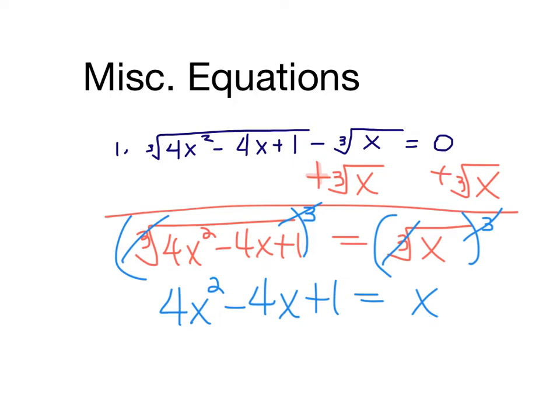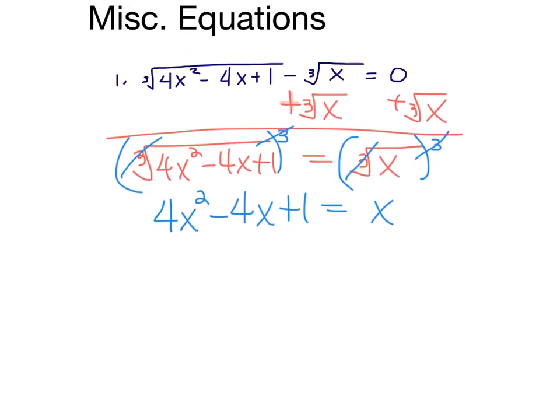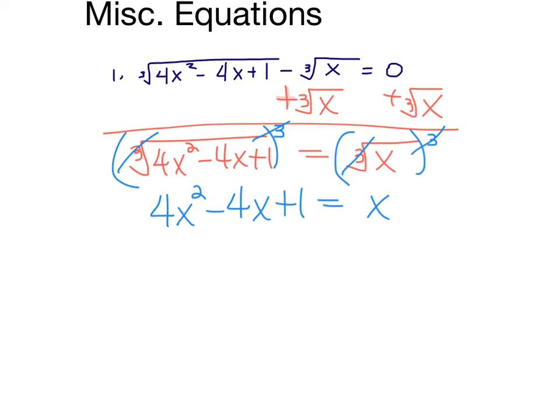I now need to get this into standard form so that I can either factor it or use the quadratic formula. Now, I could also do completing the square if you prefer that method. Right now at this point, after I move that x over, I'm going to use one of the techniques in lesson 4.